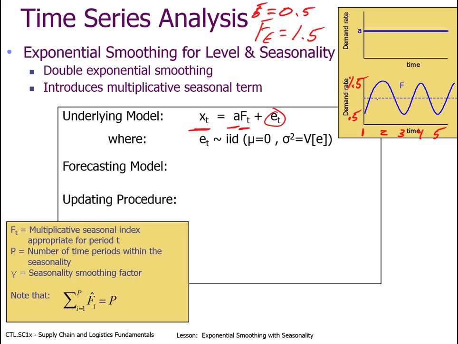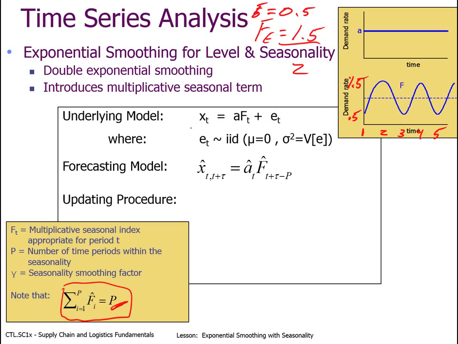So what this means is that the sum of those seasonality indexes for one full season has to add up to the number of periods in the season. In this case, the sum is 2 because we have 2 periods in the season. You can also look at the average, and the average will always be 1. It has to average out. Okay, so keep that in mind, and we'll keep going.